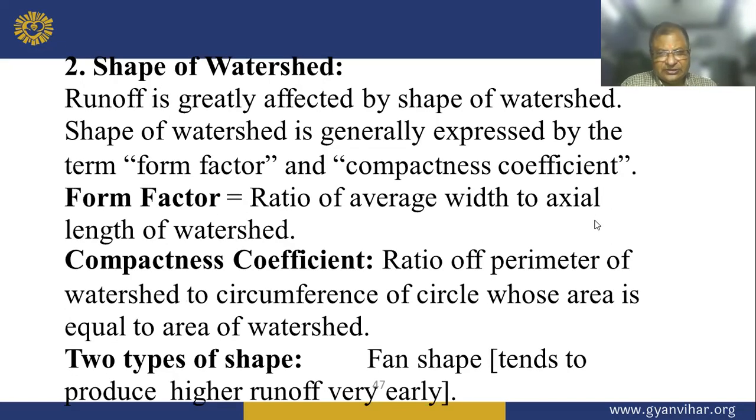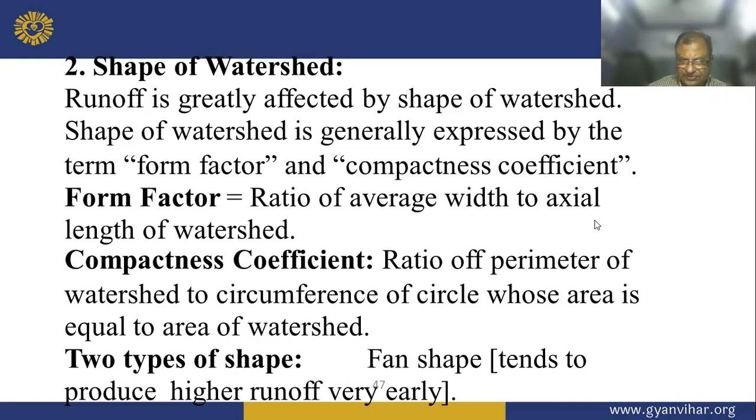Shape of watershed. Runoff is greatly affected by the shape of the watershed, and shape is generally expressed by terms such as form factor, compactness coefficient, and ratio of the perimeter of the watershed to the circumference of a circle whose area equals the area of the watershed.